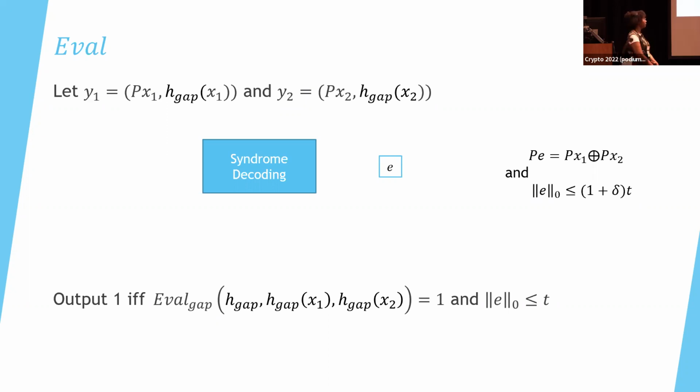The intuition behind this is that the output of this eval gap algorithm will tell us whether or not our Hamming weight is greater than or less than or equal to (1 plus delta) times t. If that is indeed true, then we only need to worry about whether that Hamming distance falls in between that gap. So the second check, to make sure that the Hamming weight of that error vector E is less than t, will catch that.